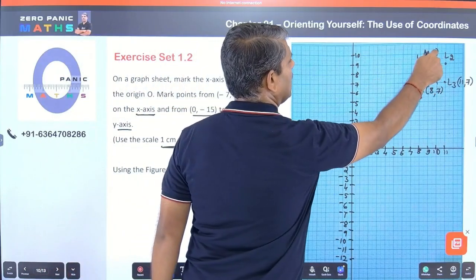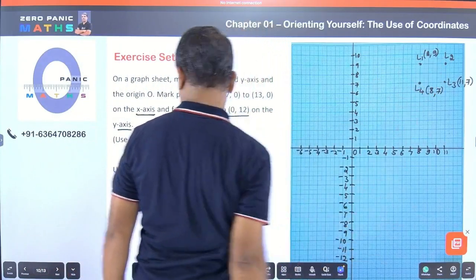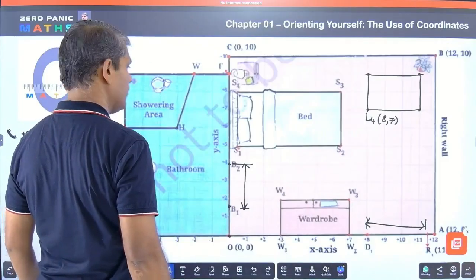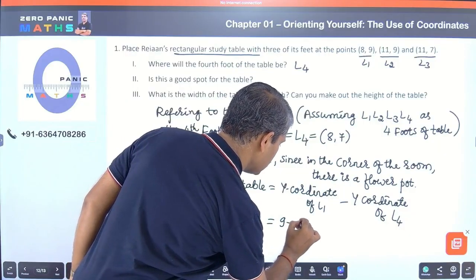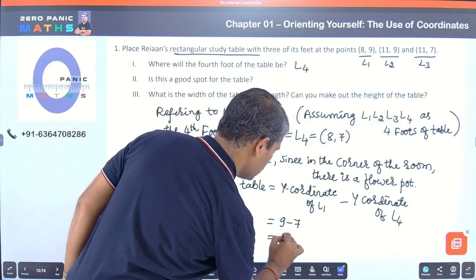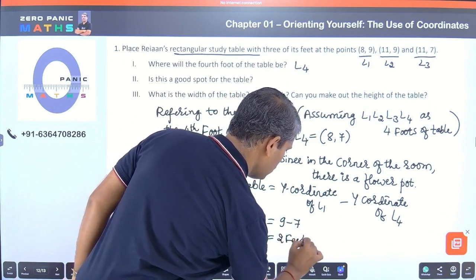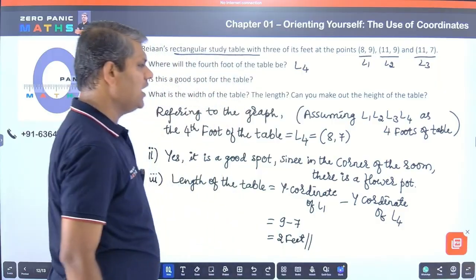L1, L4, that is 9 minus 7, which is 2 feet. Understood this? So 9 minus 7 is 2 feet, and 2 feet is the length of the table.